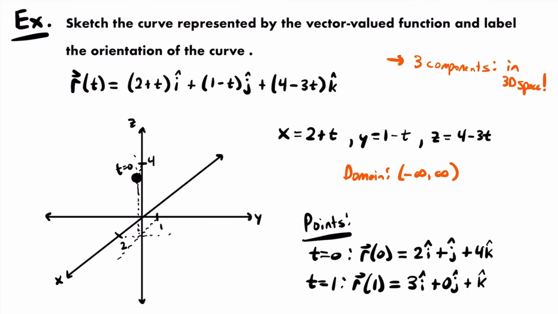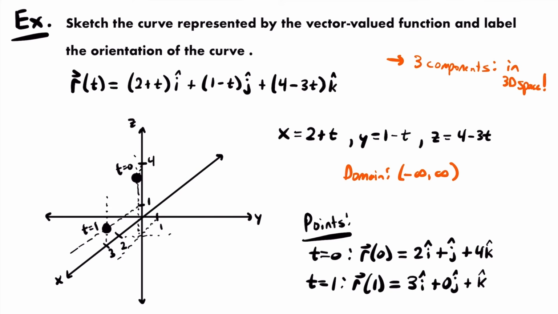I'll say that x equals 3 is right here, and z equals 1 is right here. So we want to plot this point in the xz plane, right? There is no y coordinate, so we're in the xz plane. So just draw some lines parallel to the opposing axis. So from the z coordinate, we'll draw a line parallel to the x-axis, and from the x coordinate, we'll draw a line parallel to the z-axis. And those two lines meet right here. So that is our point where t equals 1.